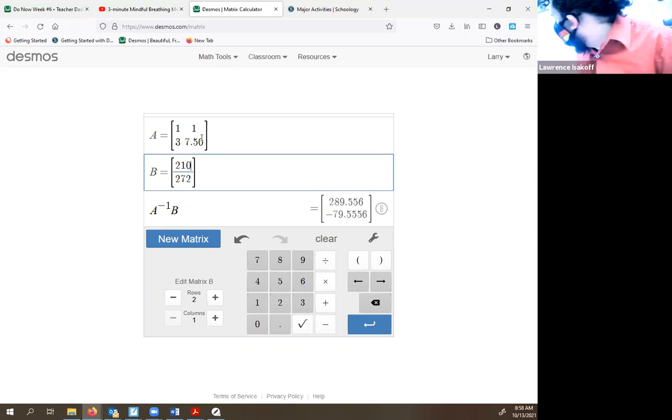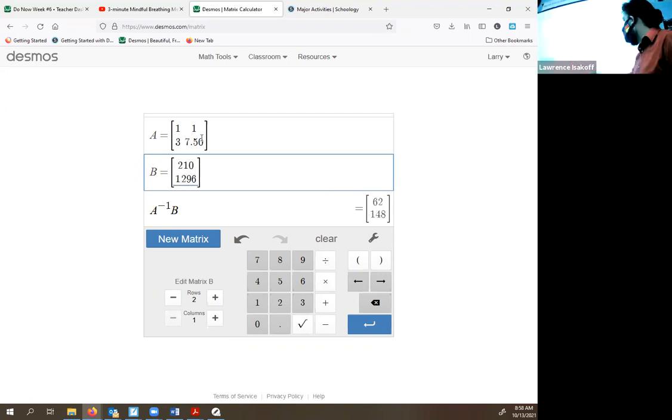Okay, I had 210 people in total and sold $1,296 worth of tickets. So here we go. I get that I have 62 and 148. So that's telling me I sold 62 student tickets and 148 non-student tickets.